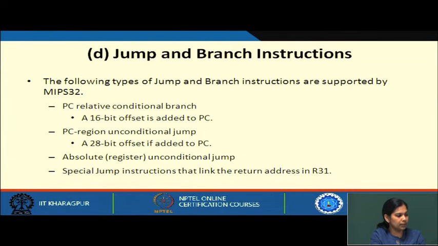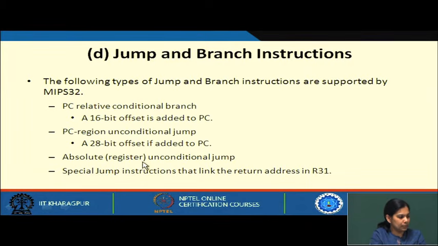In jump and branch instructions, we have PC relative conditional branch, where a 16-bit offset is added to PC, or in an unconditional branch, a 28-bit offset is added to PC.